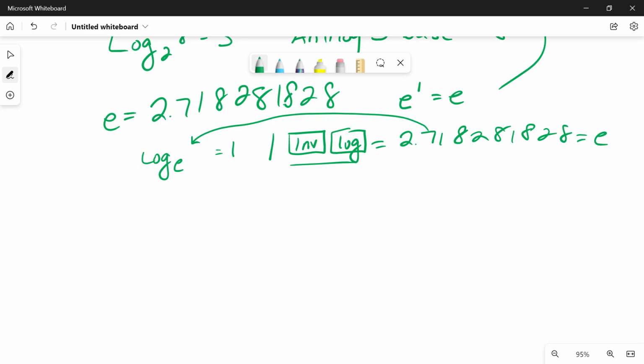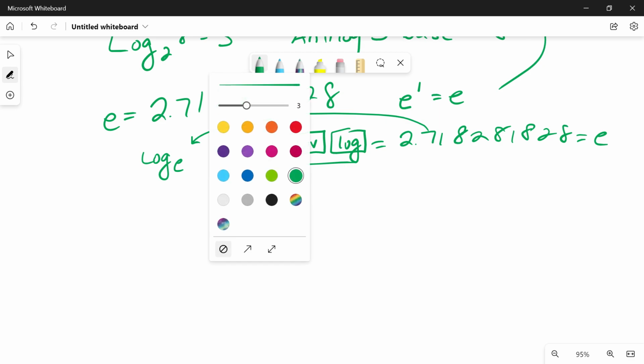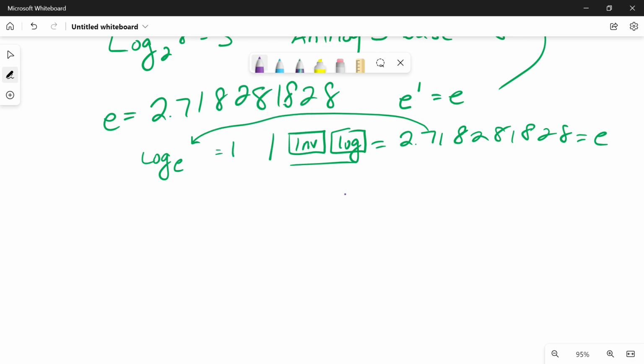So we're going to use these ideas to do a little bit of work here. Let's change things up for a moment. We're going to use log base 10 to solve this.